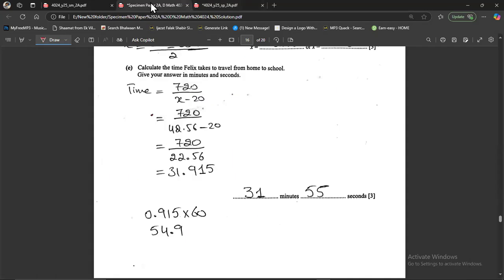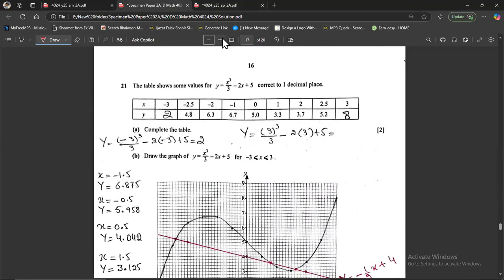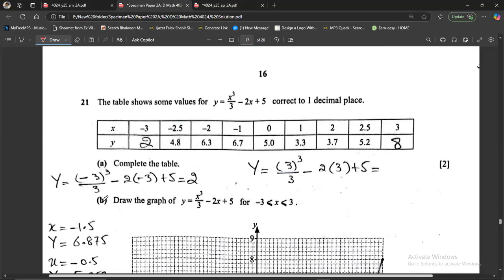I have done this. Let me show you. On your screen, you can see I have done this. In that equation, y equals x cubed divided by 3 minus 2x plus 5. Substitute x with minus 3. You will get 2. And just put that value here. Then in that equation, in place of x, you can substitute 3.